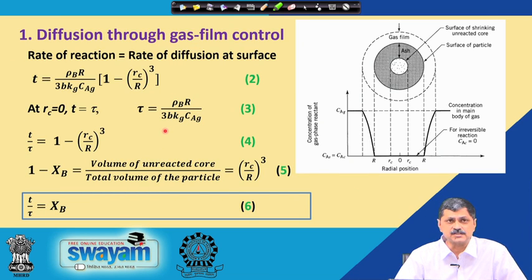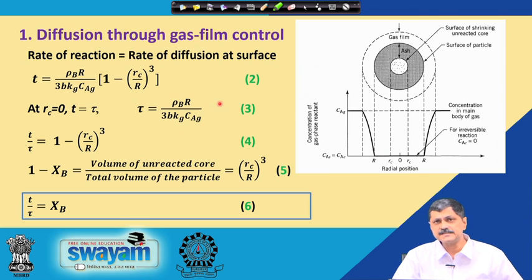First we take up case 1, where the reaction is controlled by the diffusion through the stagnant gas film around the particle. Here we assume that the other two resistances, that is the product layer diffusion resistance and the chemical reaction resistance, are negligible.